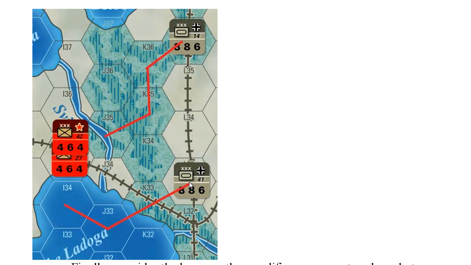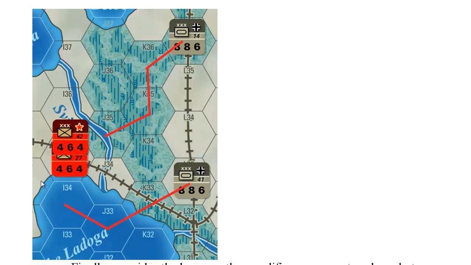This other German unit could move 1 onto the frozen lake without slowing down, 3, and the other German unit could get to the indicated location, I-34, all in 1 turn, because the frozen terrain acts as clear terrain.